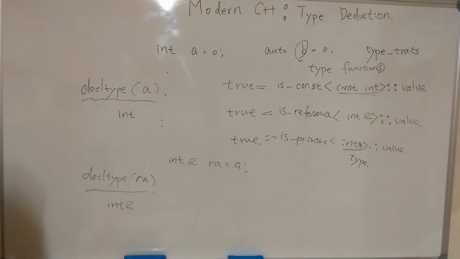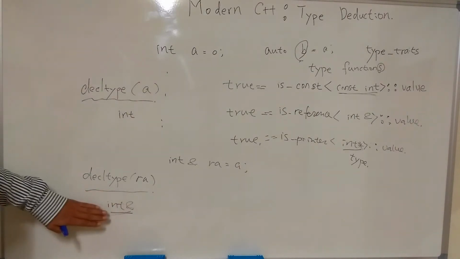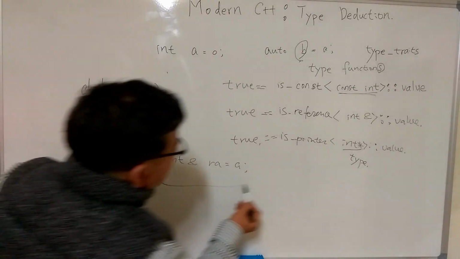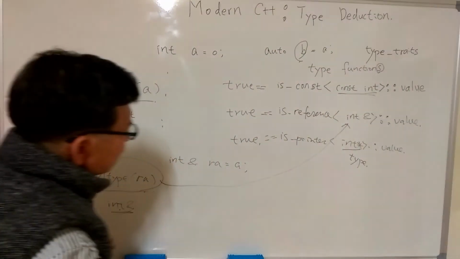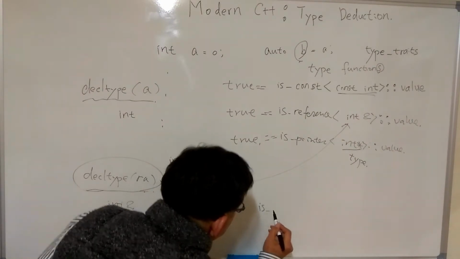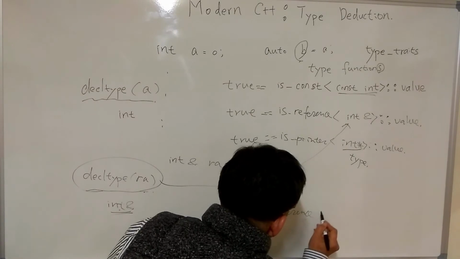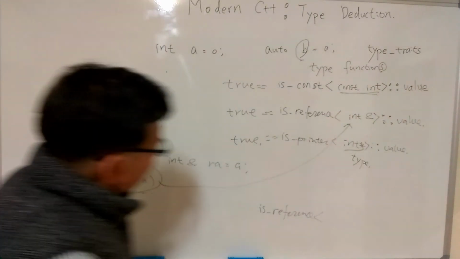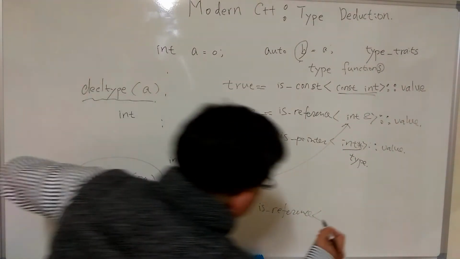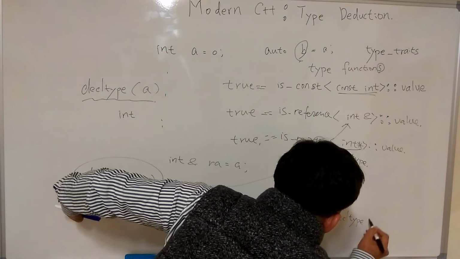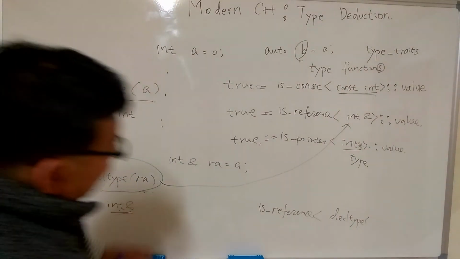If we put this expression here, it will be like is_reference, because we have to put a type here.